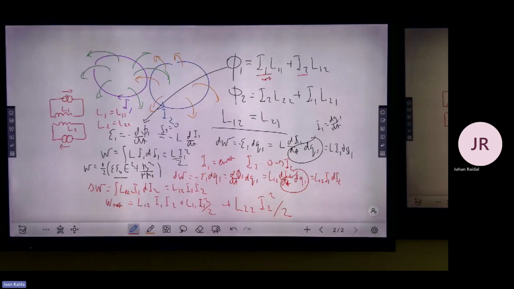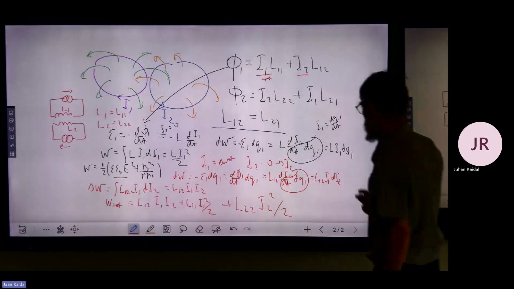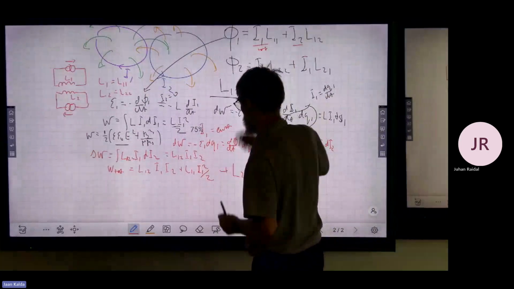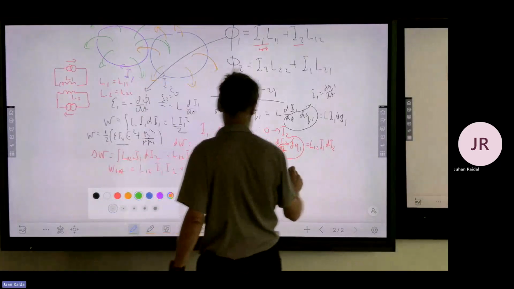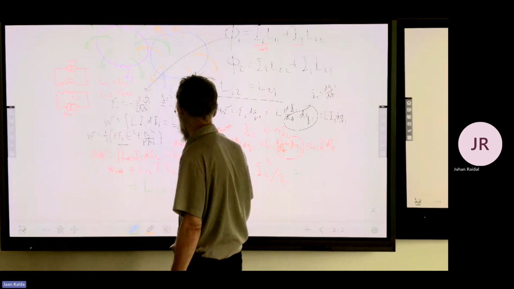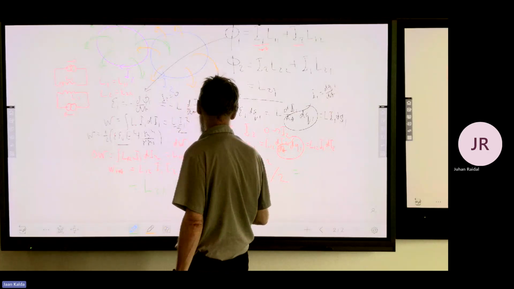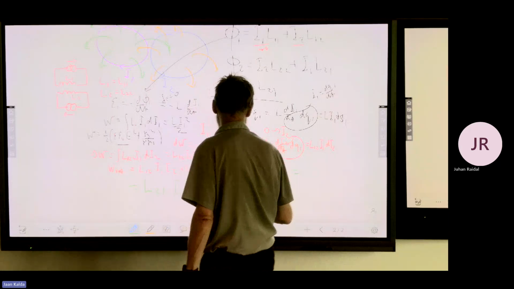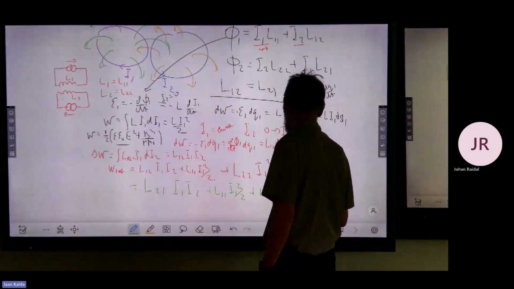Well, we do the same thing, but we start with the second loop. Exactly. So we repeat the procedure, but in reverse order. And the good news is that actually we don't need to do it because we have answer already. We just swap the indices, right? We just swap the indices, and we conclude that if we do it in reverse order, then we obtain, of course, L21, because this is only asymmetric part, I1, I2, plus L11, I1 squared divided by 2 plus L2, I2 squared divided by 2.